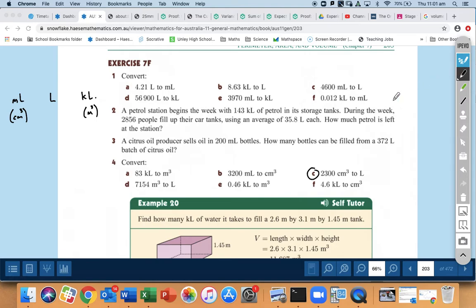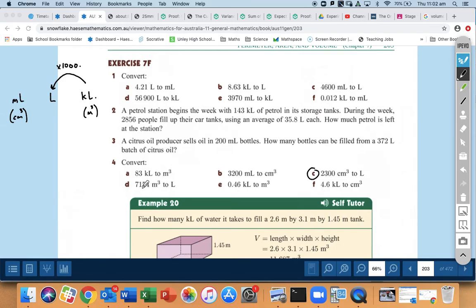So let's have a look at these questions. Let's say we wanted to go from 7,154 metres cubed to litres, right? That'd be like going from kilolitres back to litres. What we'd have to do there is times by 1,000. So this metres cubed is equivalent to kilolitres.